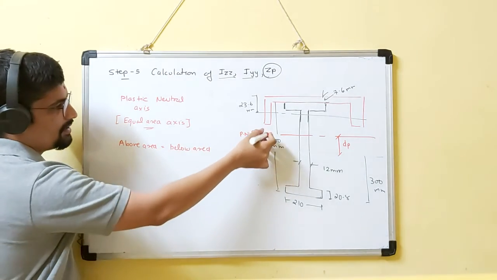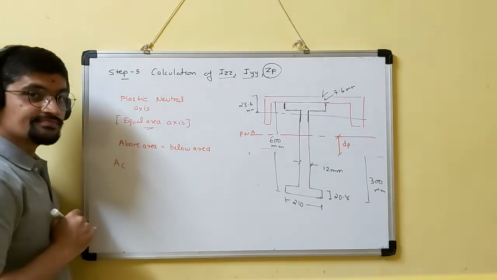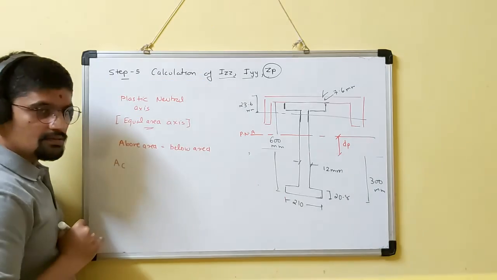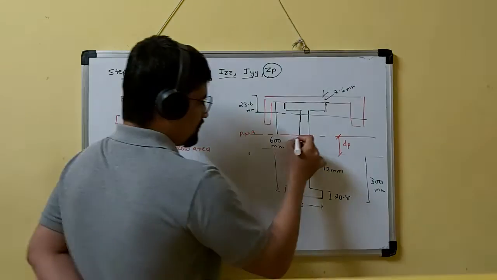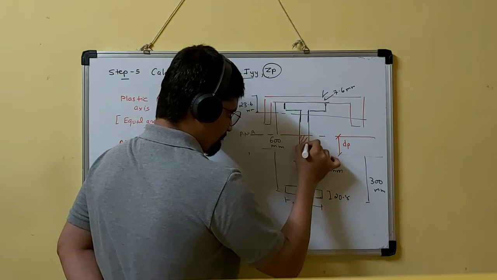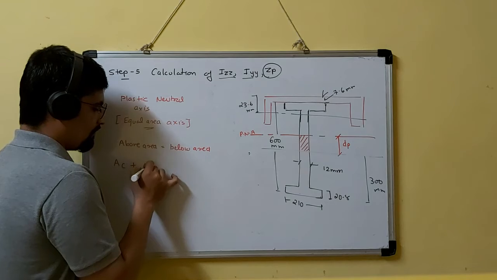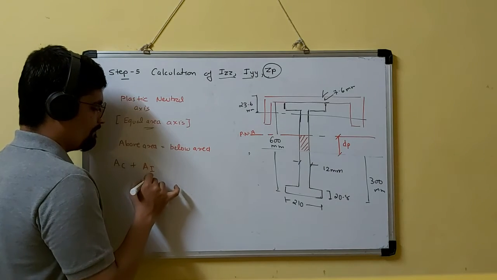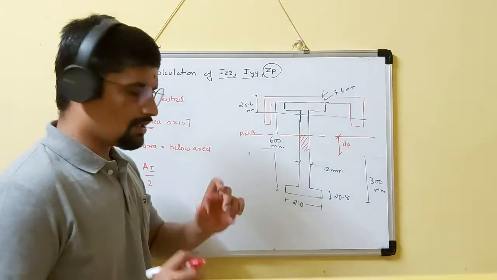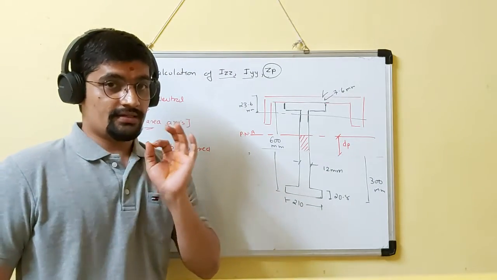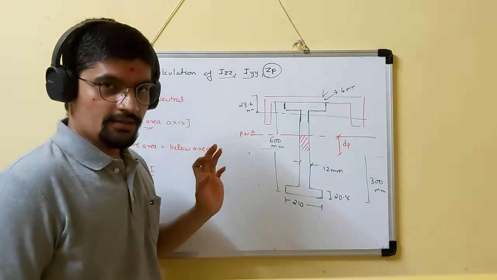So the above area is the area of the C section plus this portion, the area of the I section divided by 2, which is this much. Understand this very briefly. The area of the C section we have taken.